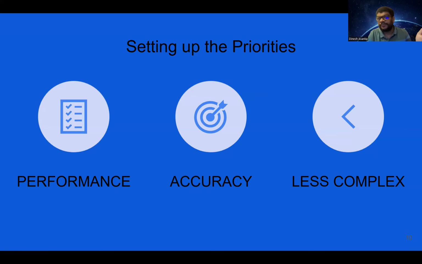Then the accuracy. Early handlers should have higher accuracy than the rest of the handlers or the end handlers. Then the complexity also should be very low for the early handlers. So when you are setting up this priority, these three parameters are very important. Don't think that everyone will be treated equally when it comes to these handlers.